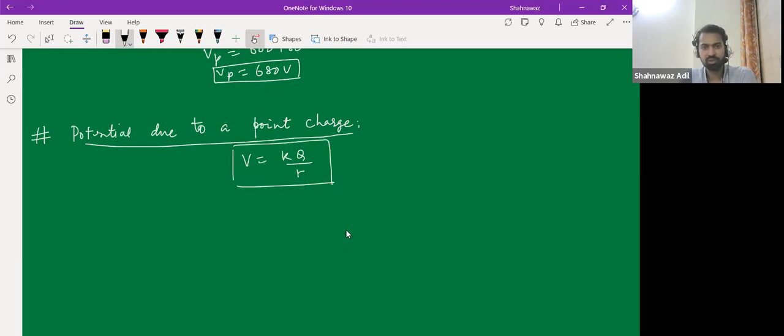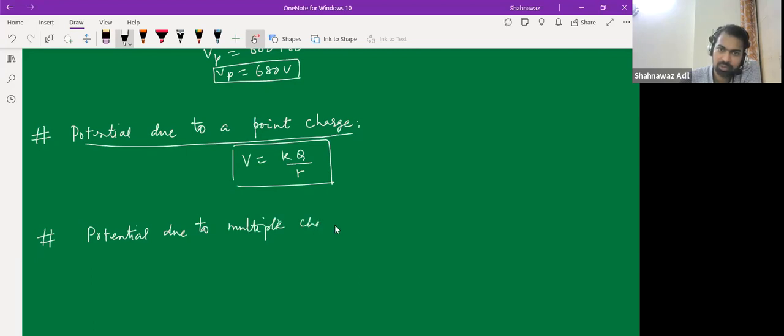And we also know that the potential due to multiple charges is simply V equals the potential due to individual charges.